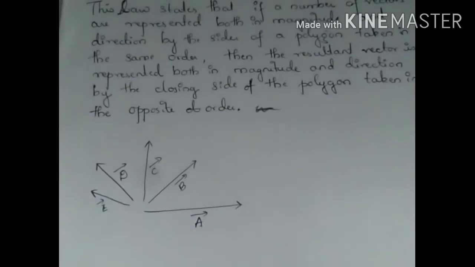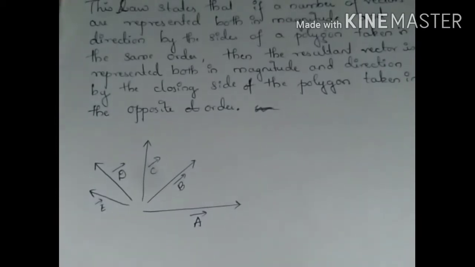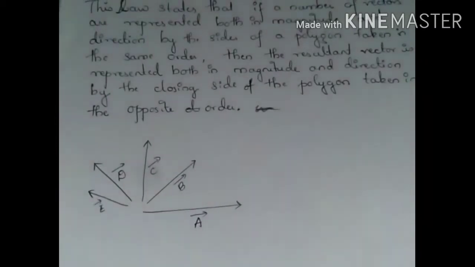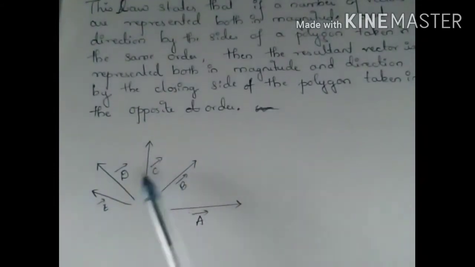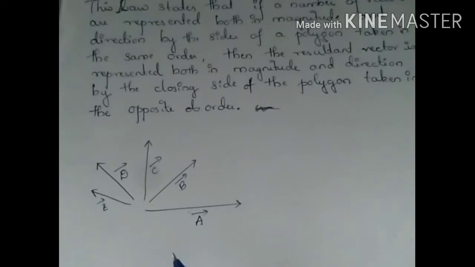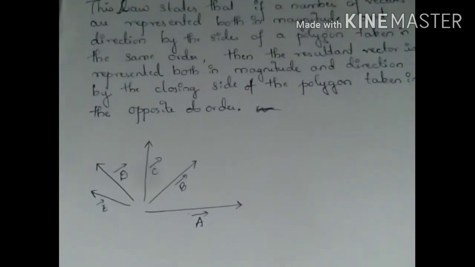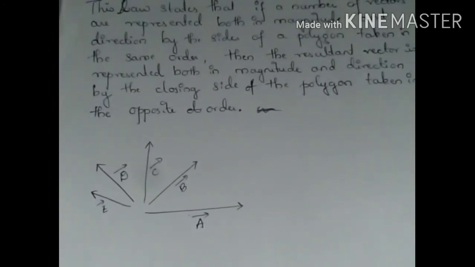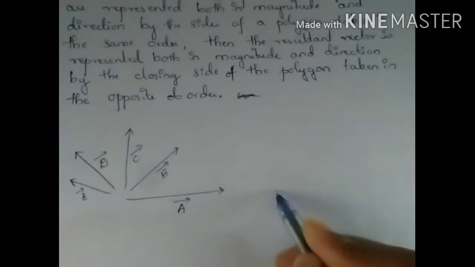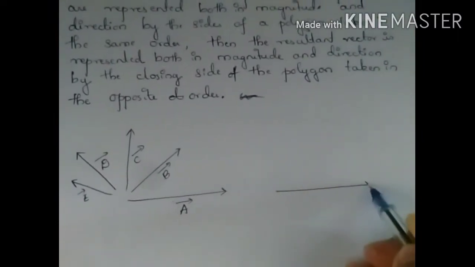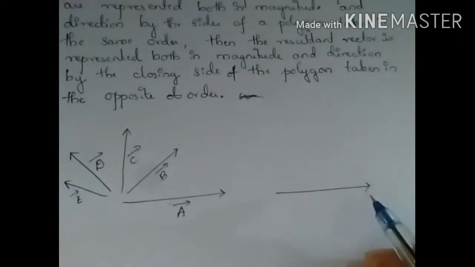To use the polygon law, you have to redraw all these vectors to form a polygon. You have 5 vectors: vector A, vector B, vector C, vector D, vector E. So now let us find the resultant of these vectors. To find the resultant, we have to draw the vectors in an order.